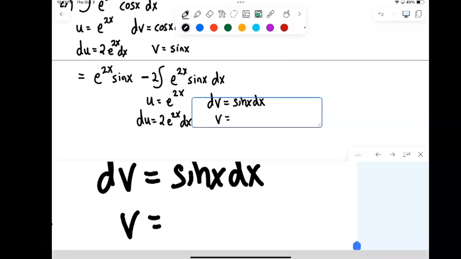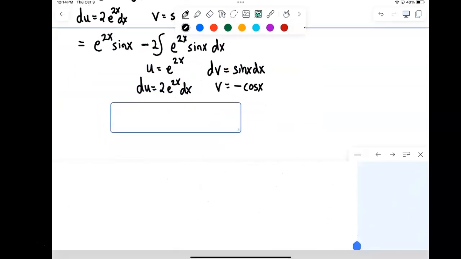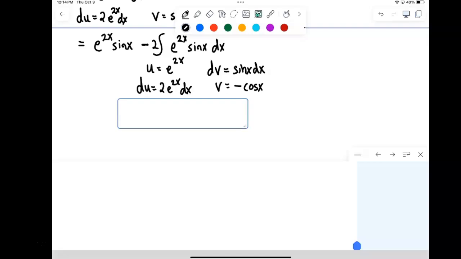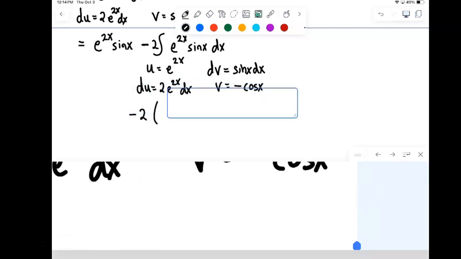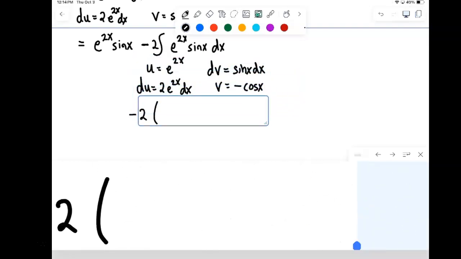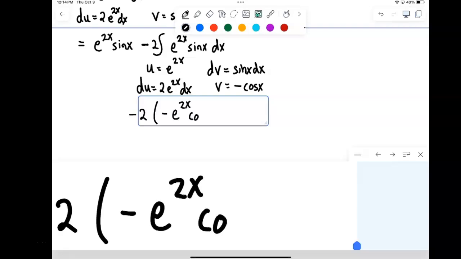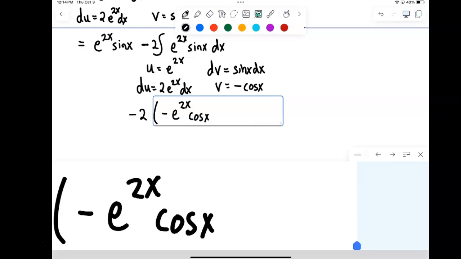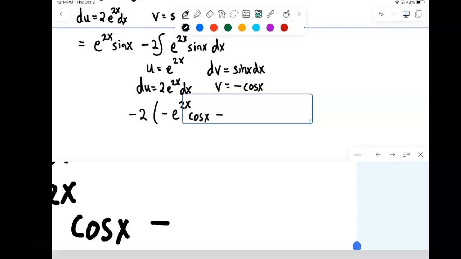Remember, the integral of sine is negative cosine x. So just working with this piece here, I'm going to have minus 2, and then using integration by parts, uv, that'll be a minus e to the 2x cosine x, minus the integral of v du.